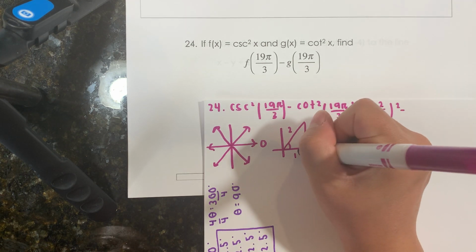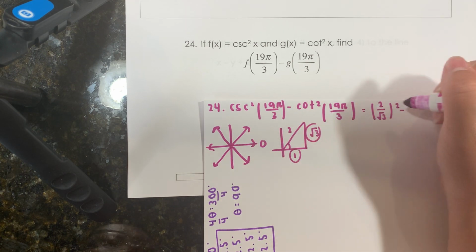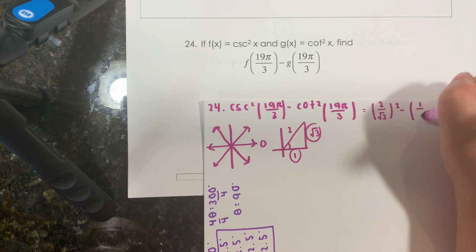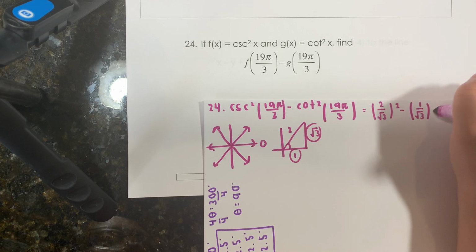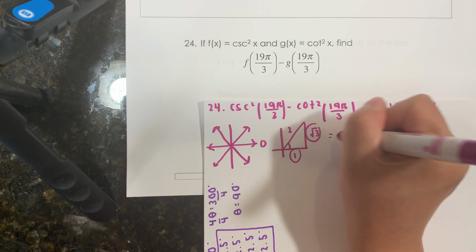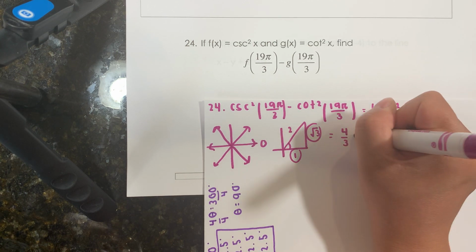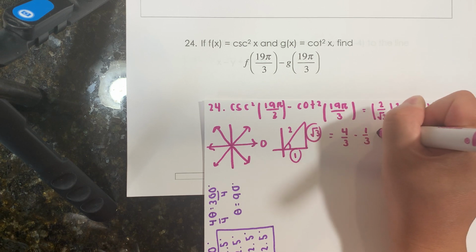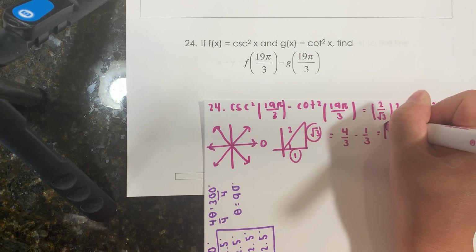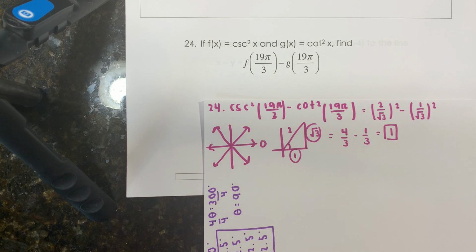Minus the cotangent, which would be adjacent over opposite. So 1 over root 3, and I'd have to square that as well. That is going to end up giving me 4 over 3 minus 1 over 3. And my result would just be equal to 1 on number 24.